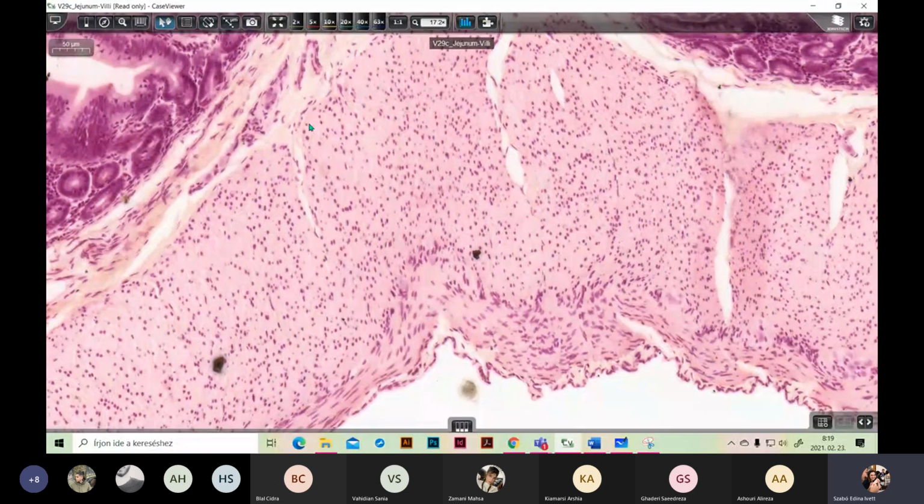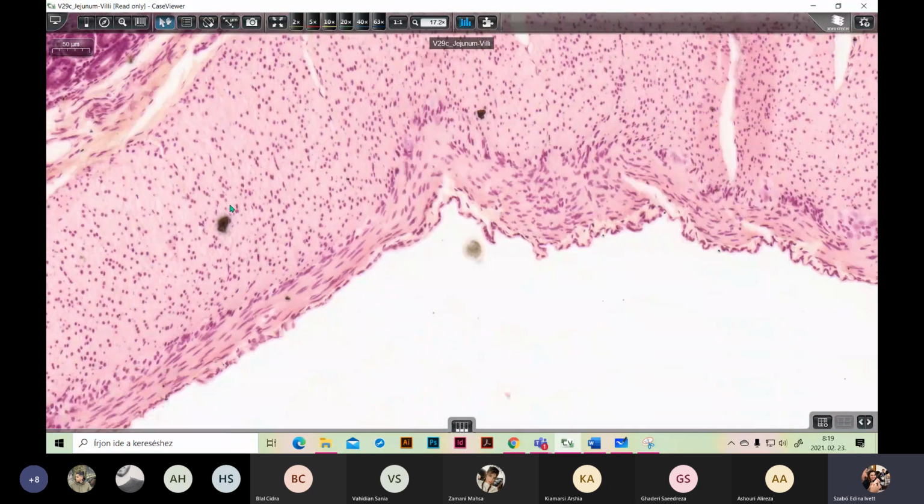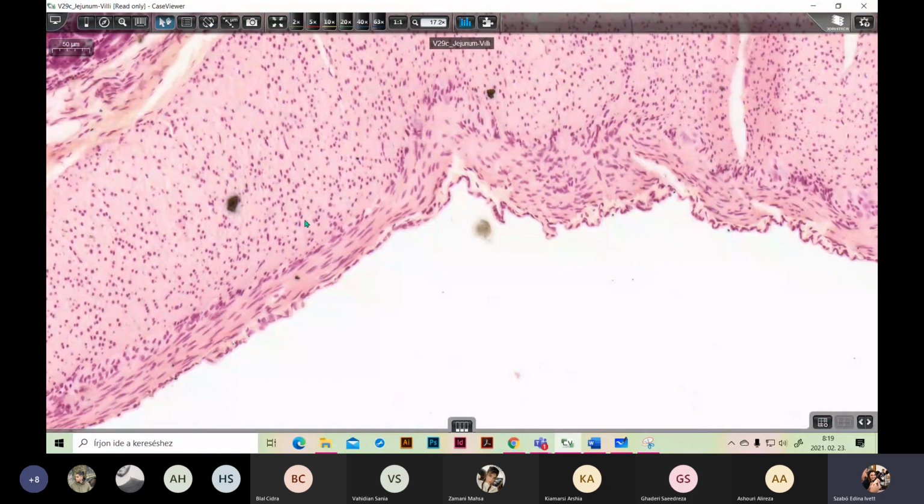And under this part of the slide you can see a darker eosinophilic tissue, which is a smooth muscle tissue. Here you see this is a smooth muscle, and these smooth muscle cells are in two directions.